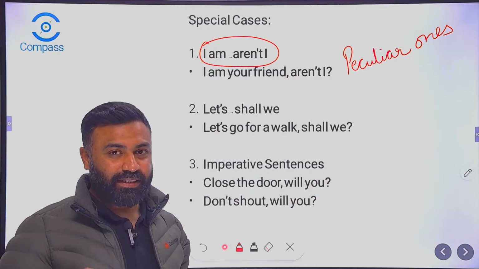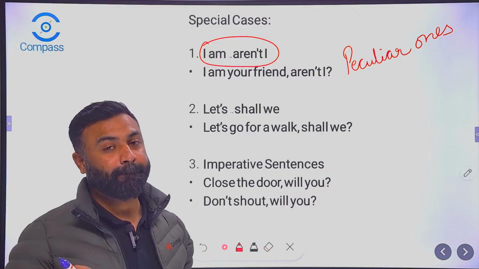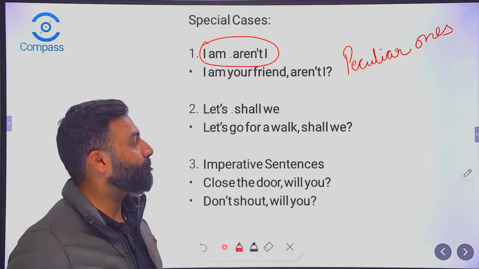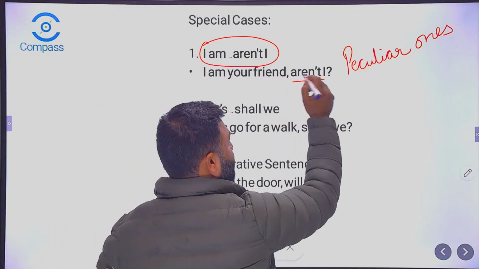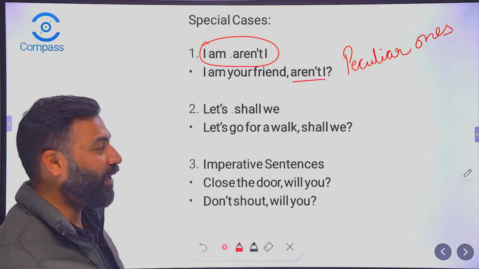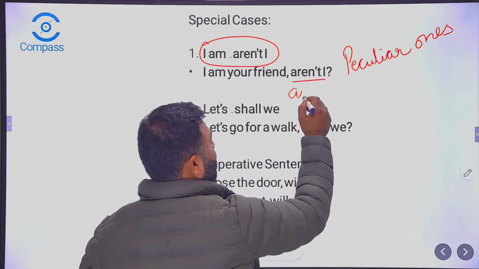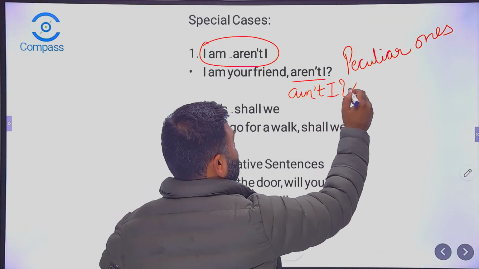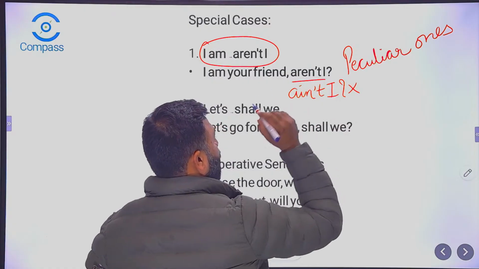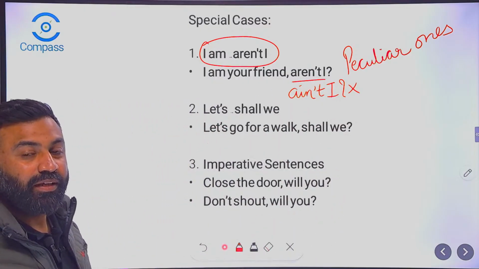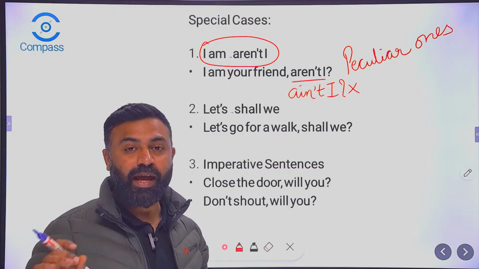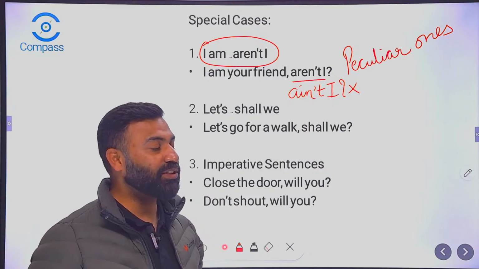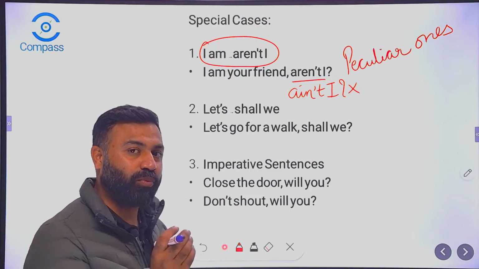If you get a sentence with I am, the question tag will not be ain't I, it will be aren't I. See? Don't ever write ain't. If you write this, then it's going to be wrong. Anytime you come across I am, the question tag has to be aren't I.